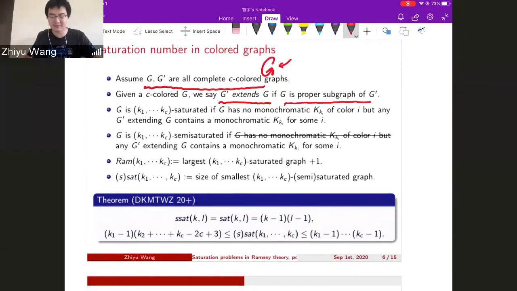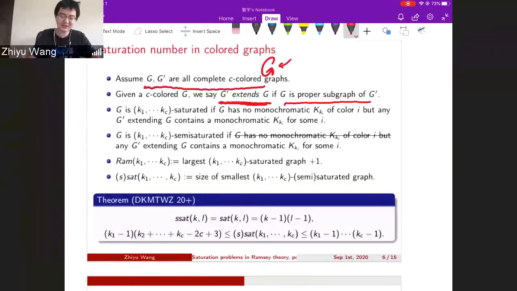That means G prime can be obtained from G by iteratively adding a vertex and then adding some colored edges from the new vertex to the existing graph. So that's the definition of extension here.